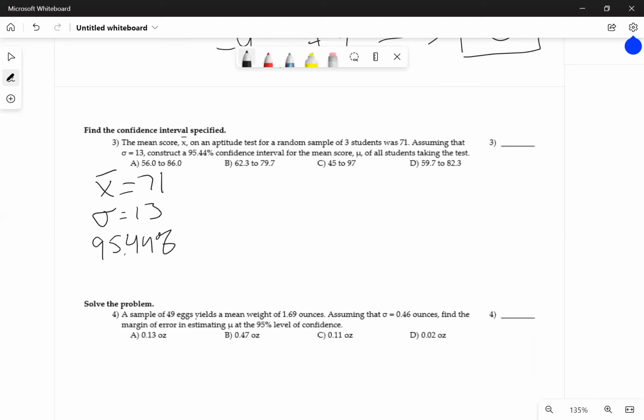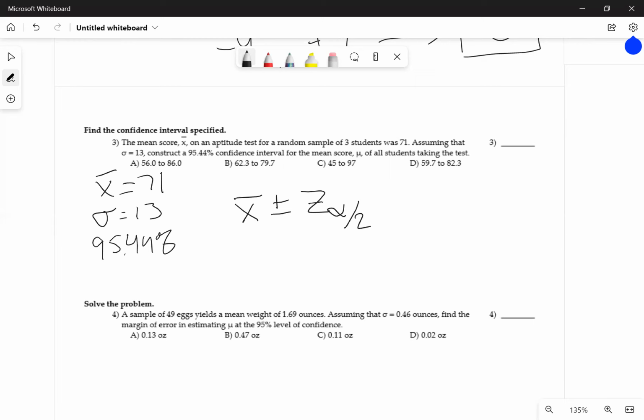So what do we do? We have to remember, my equation is this: X bar plus or minus Z of alpha divided by 2. Because remember, we're going down and we're going up. We're subtracting and we're adding. So we have to go down half of that alpha and then up the other half.